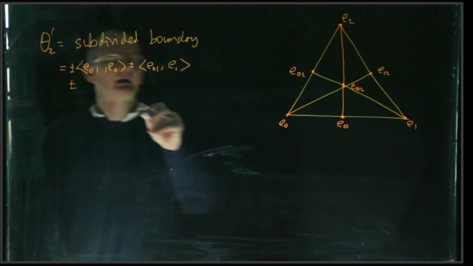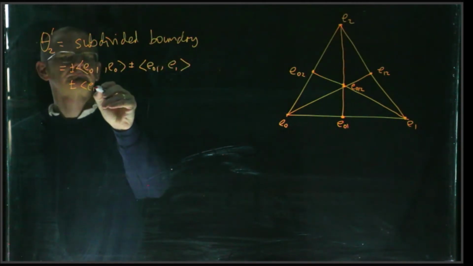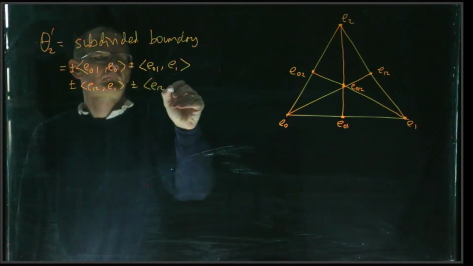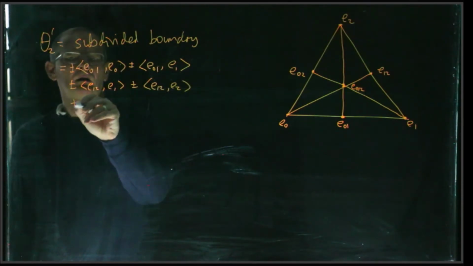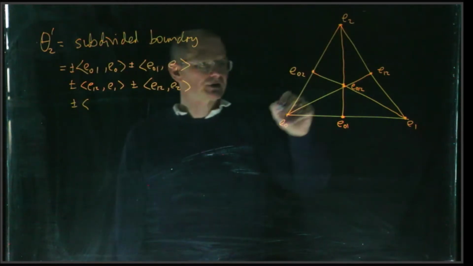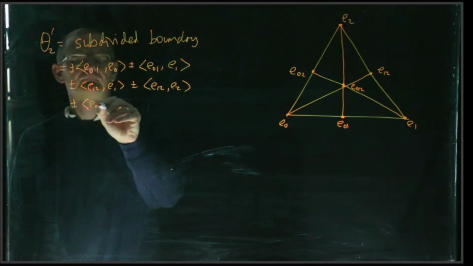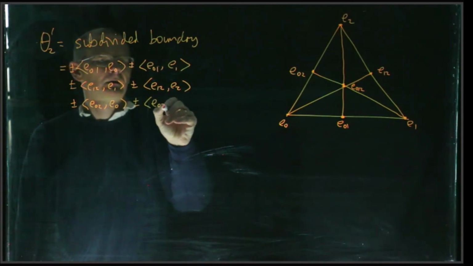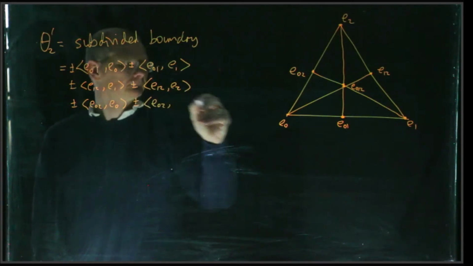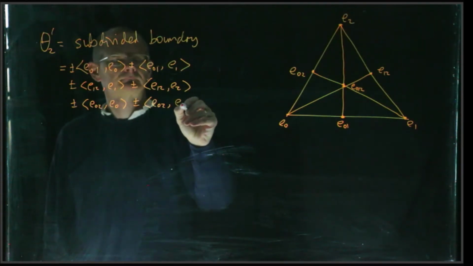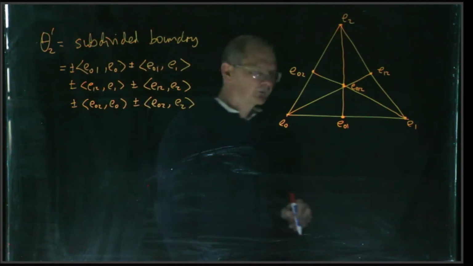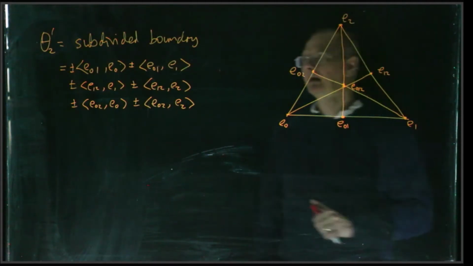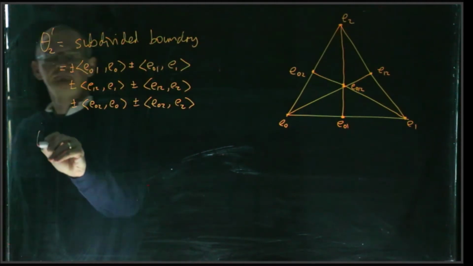So you get E12, and the same for this edge here. So you get E02, E0. So we get these 6 subdivided boundary pieces.